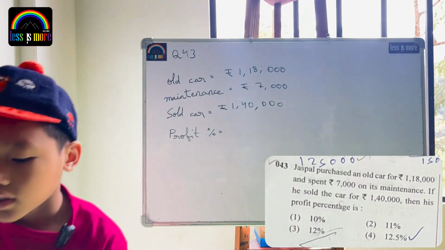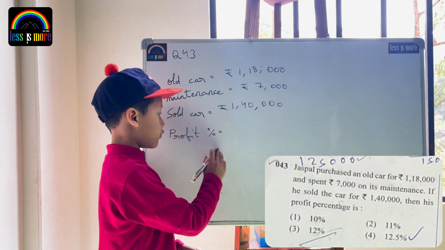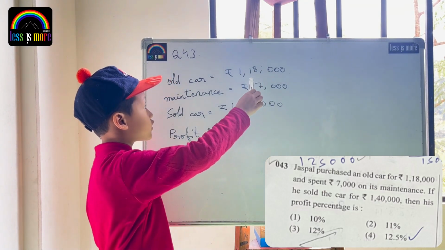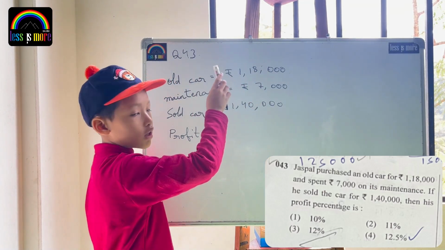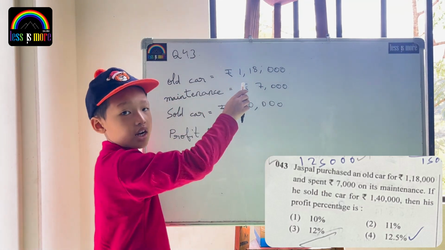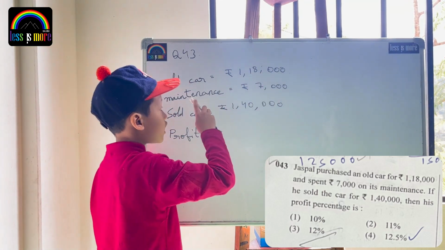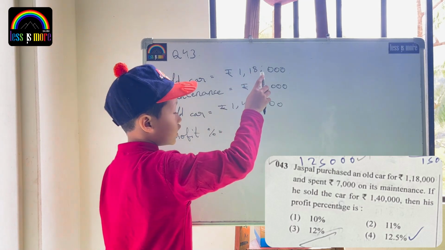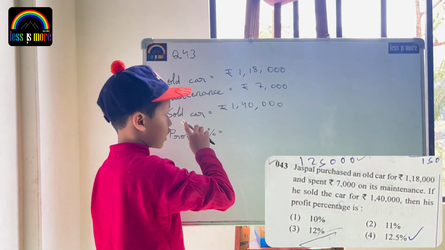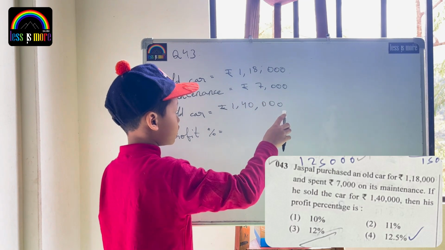So the question asks us to find the profit percentage when Jasper bought an old car for rupees 1,18,000, and for its maintenance he paid rupees 7,000. Then sold the car for rupees 1,40,000.